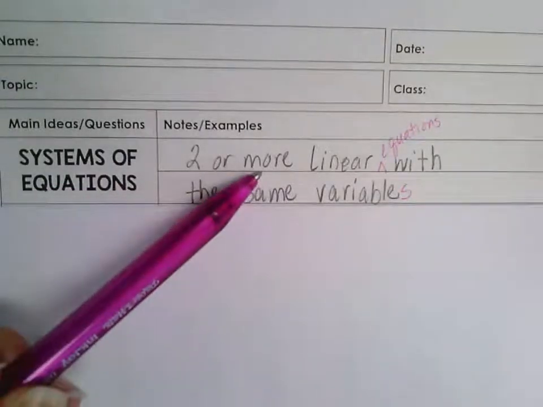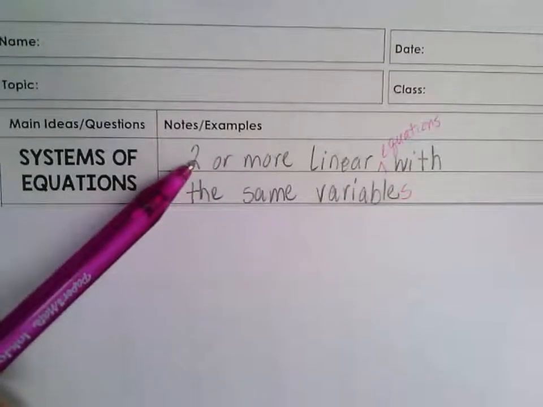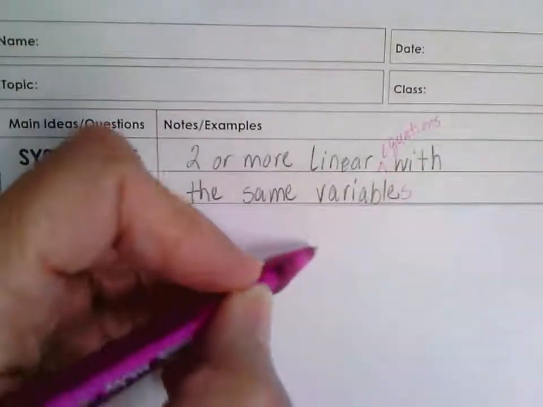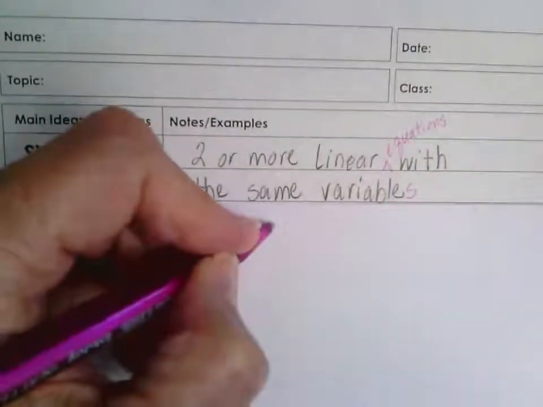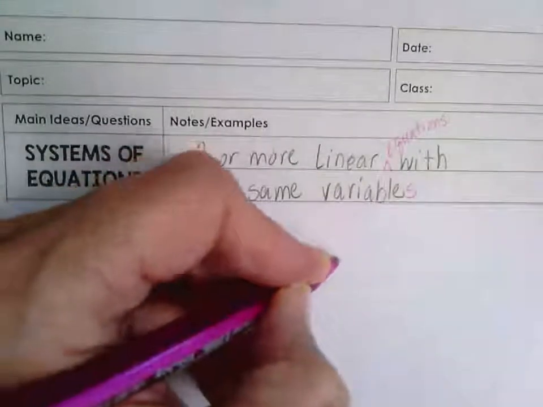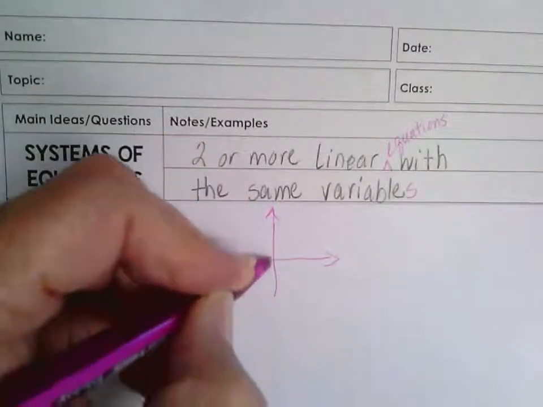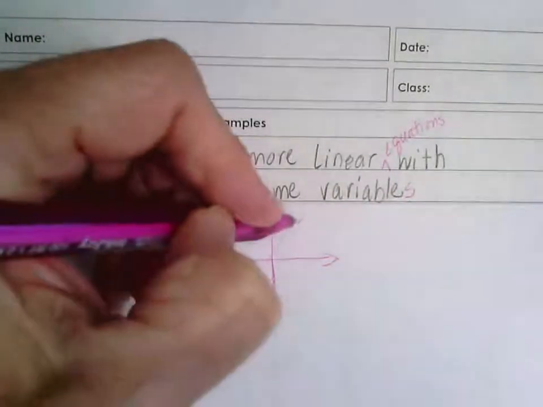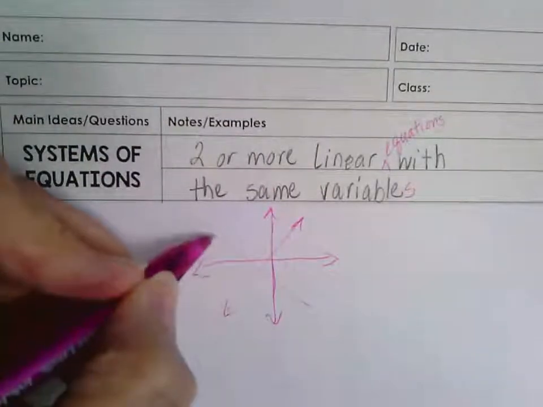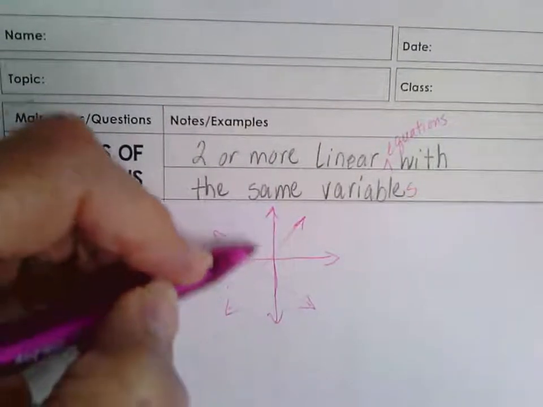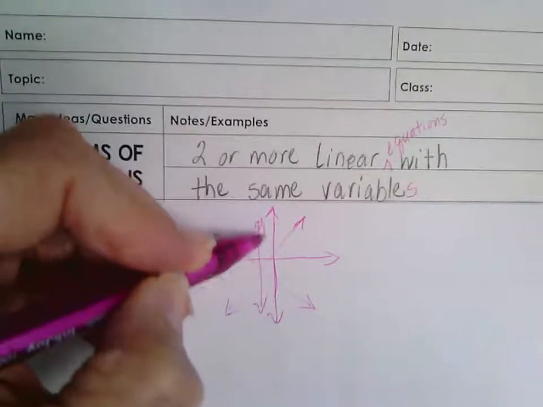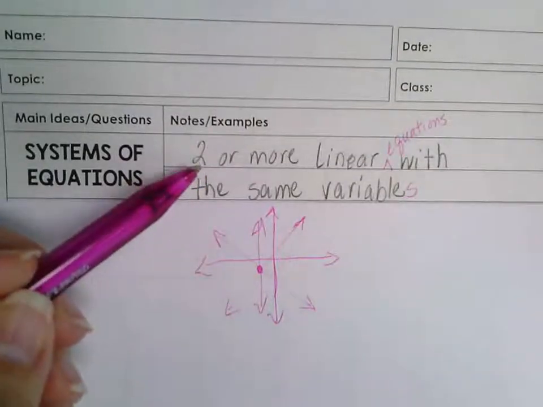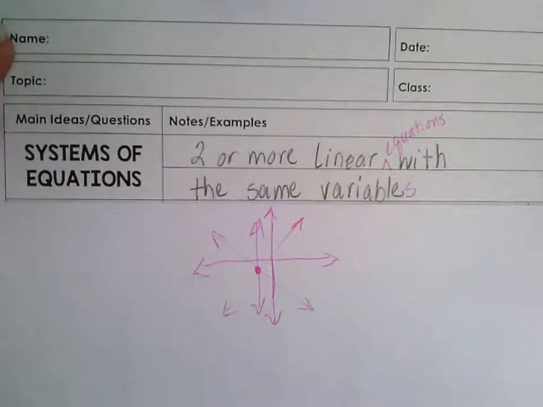Now, most of what we're going to be doing is just going to be involving two equations, but you actually could have three, because if you think about it, on a coordinate plane with X and Y axes, you could have more than one line going on, and they could all intersect at the same point. But typically in the examples we're going to be doing, it's only going to be two.